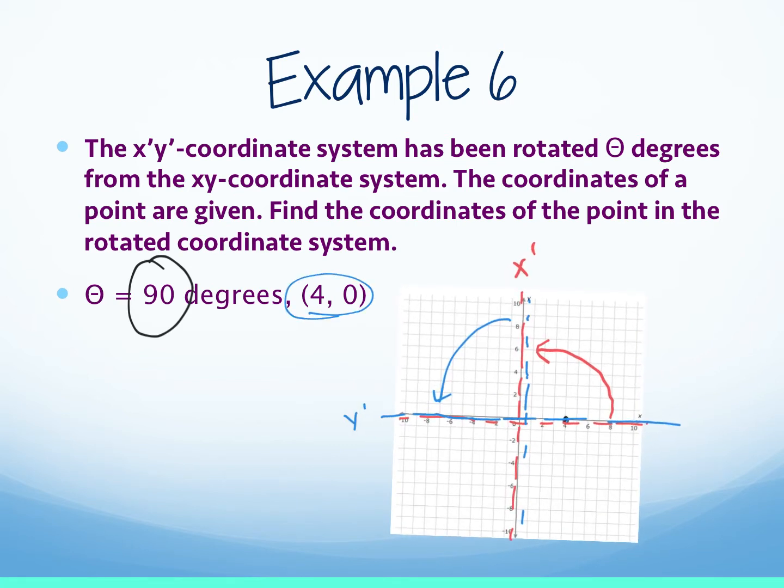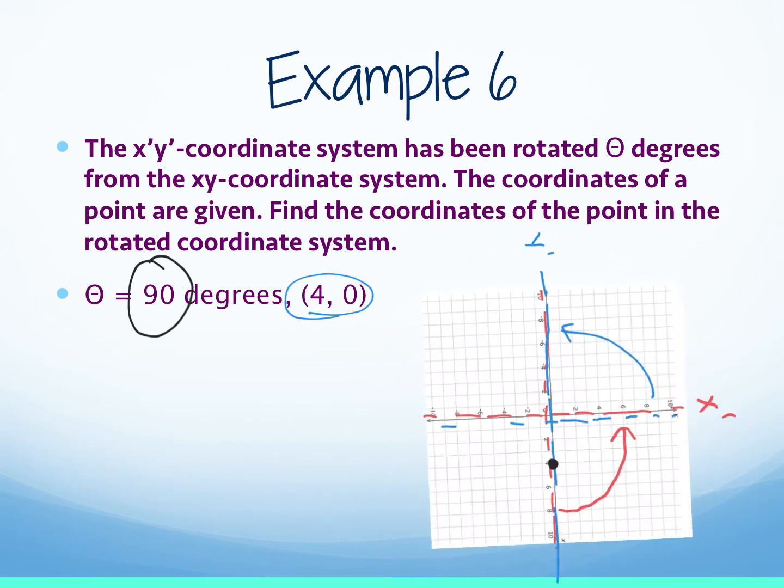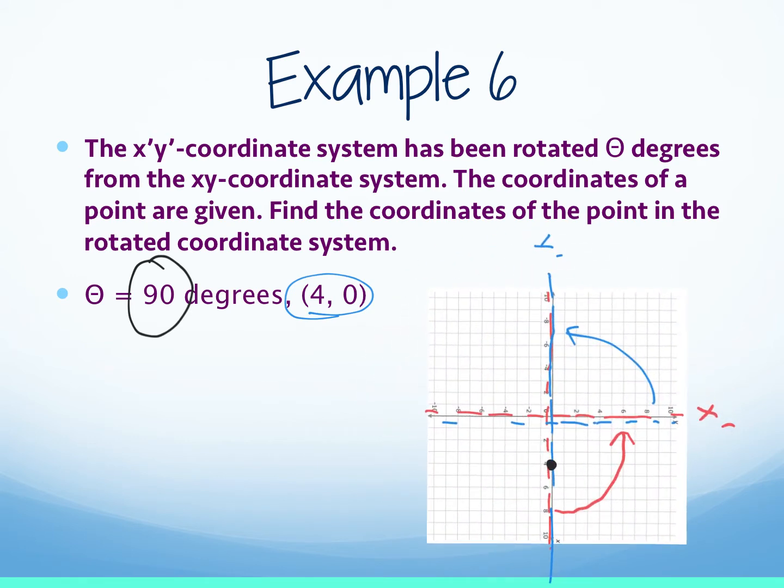I plotted 4, 0, right here. Then it says, now take and rotate these axes. So rotate the x 90 degrees, rotate the y 90 degrees. So then I put x prime there because that should be where my 0 is, to remind me that's where my 0 is. And I put the y prime to tell me that's usually at the top of my graph. Then you want to literally rotate it so that it moves like that is my normal graph.